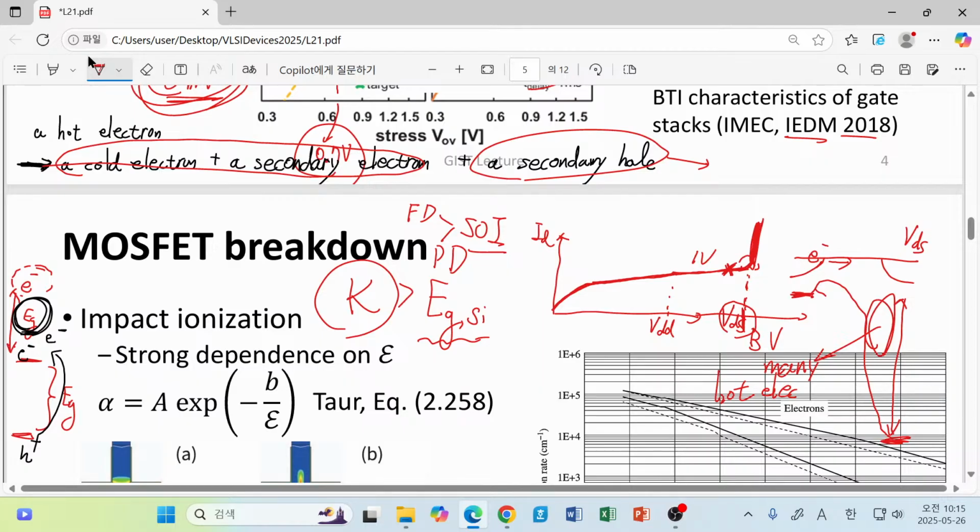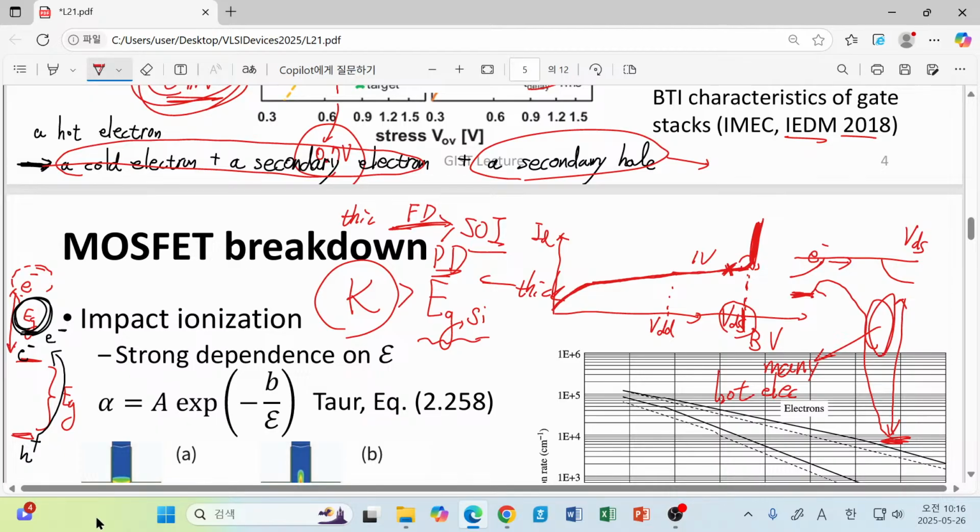There are specialized companies who generate these SOI wafers, and depending on the thickness of this silicon region, the device can be used as a fully depleted one. This means a very thin one, and the partially depleted one is a thick one.